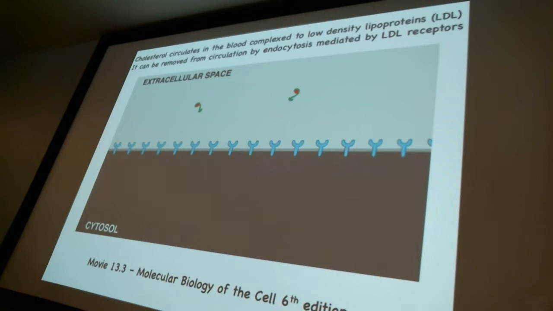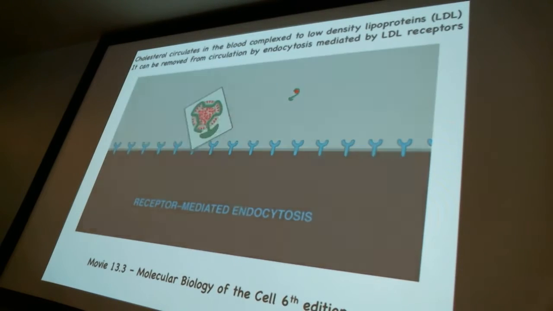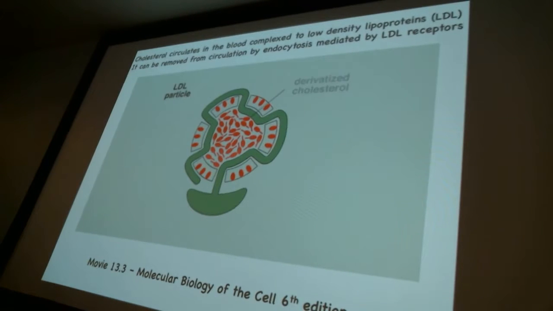endocytosis of cholesterol through LDL. Cholesterol circulates in the bloodstream and then enters cells by receptor-mediated endocytosis. Instead of circulating freely, cholesterol molecules are derivatized and packed inside low-density lipoprotein particles, or LDLs. A protein and phospholipid layer surrounds the cholesterol molecules.